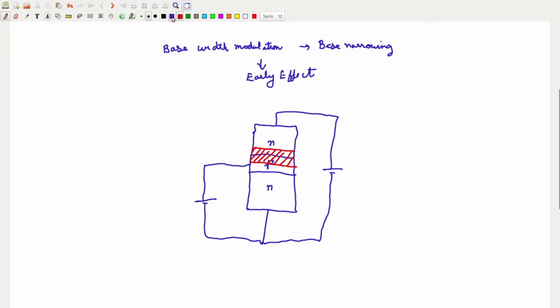This effectively reduces the available base width. The base becomes narrow. Now what happens?